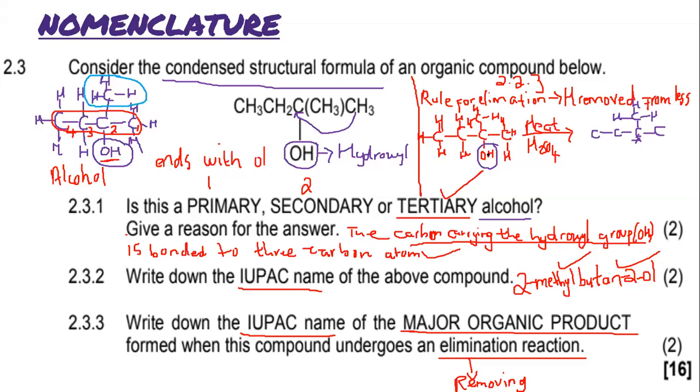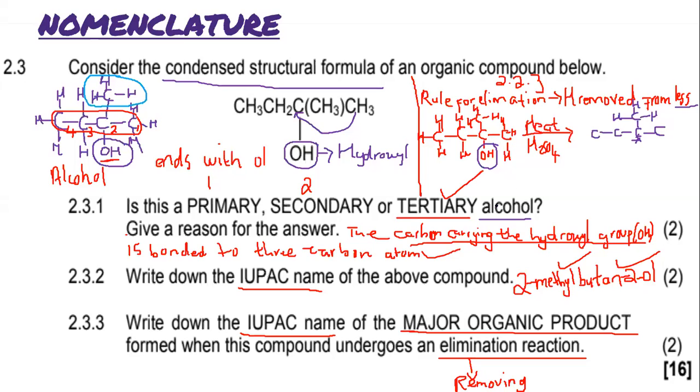So according to the rule for elimination, the hydrogen must be removed from less, meaning from a carbon that already has less hydrogens. In other words, after removing this OH, I would have to put a double bond this side so that I can remove this H, because it's from a carbon that had 2 hydrogens, and not a double bond there, because I would have to remove this H, which is from a carbon that had 3 hydrogens, so it would be more.